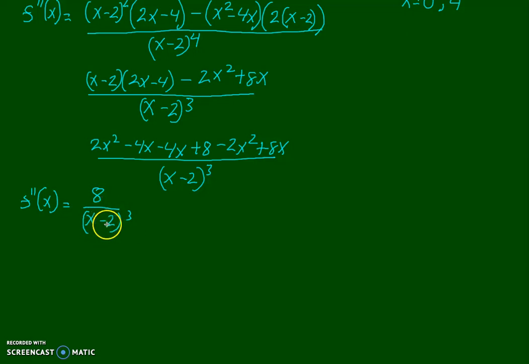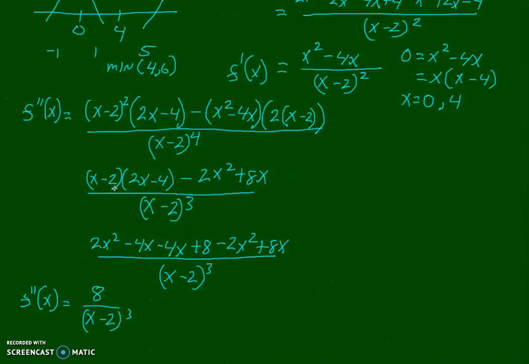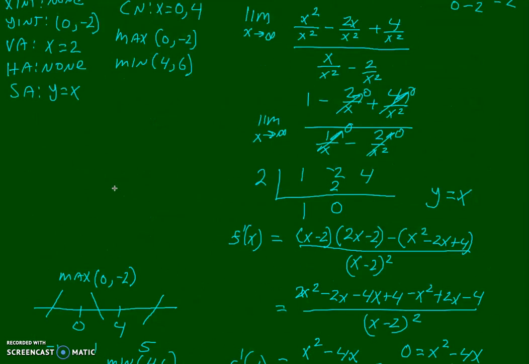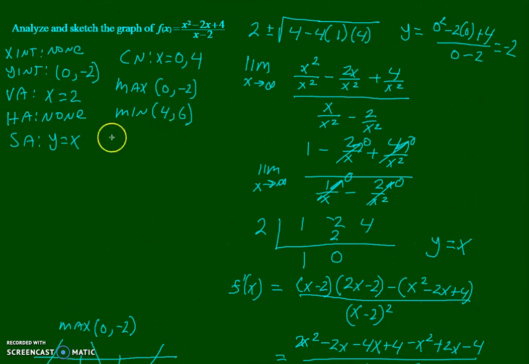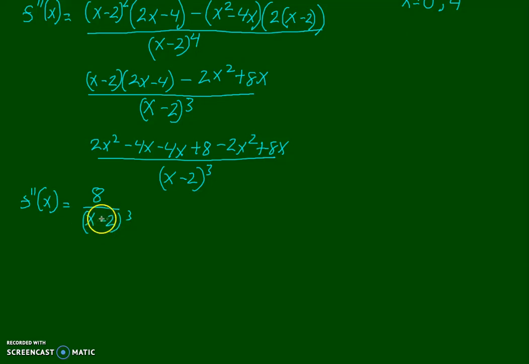And the denominator is 0 at x equals 2, but again, remember that the function has a vertical asymptote at x equals 2, so this function has no points of inflection. So points of inflection, none. But we can still determine concavity, and we're going to use this point as our anchor point to determine what the function's concavity is to the left and the right of that asymptote.